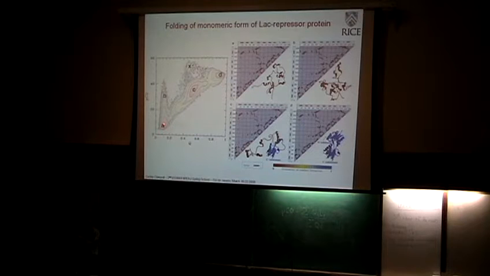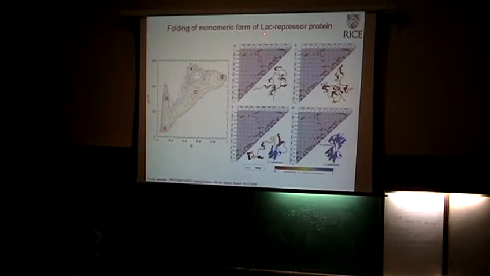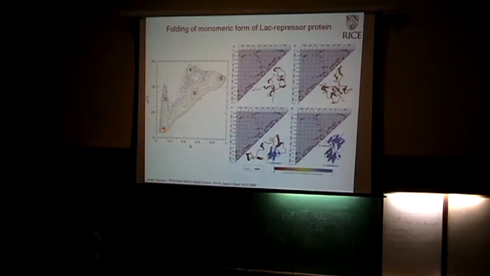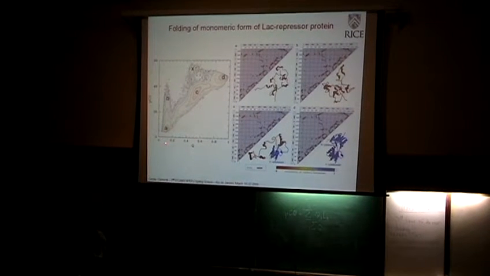So as I said, we can clearly identify this minimum here as the unfolded minimum, and each point is a collection of many structures, it's an ensemble. If I take all the structures in this minimum A and take the average over the ensemble, it's represented here with the color scale, with the probability of forming a particular contact on the structure, averaged over all the structures in this ensemble.